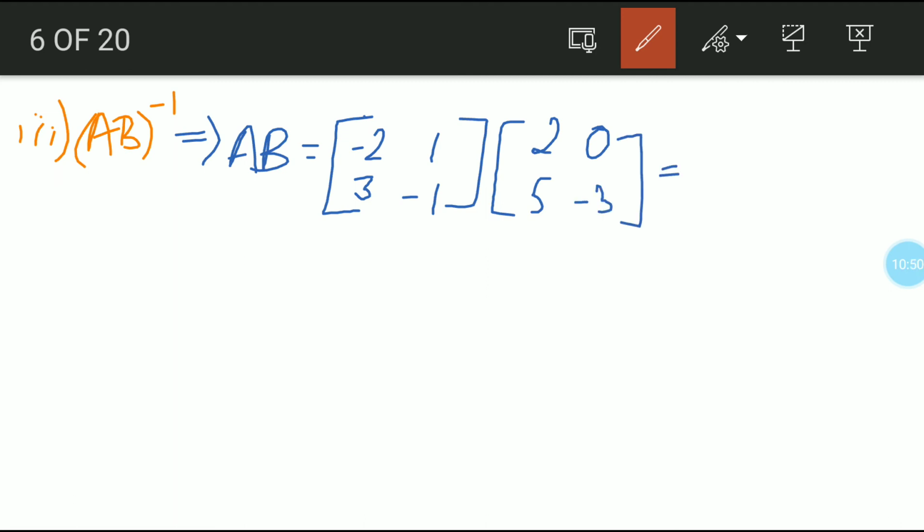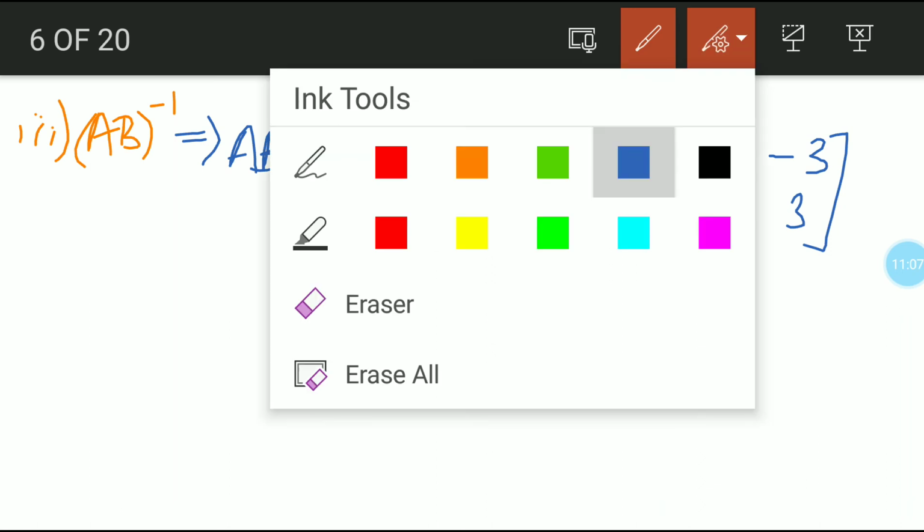Right, now we will multiply these two. Then the answer is going to be 1, -3, 1, 3. So now finding AB inverse is going to be simple.